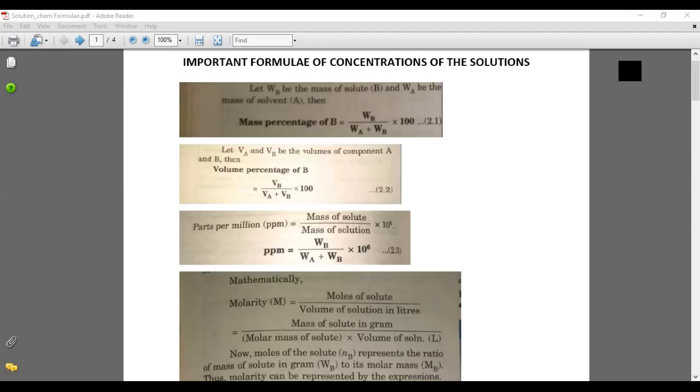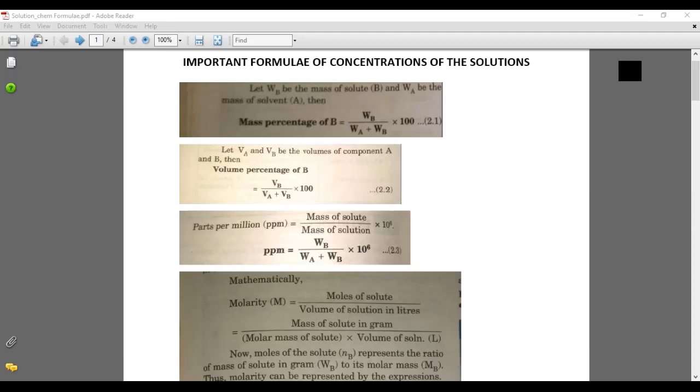Now, another popular method of expressing concentration is parts per million, ppm. When a solute is present in trace quantities, extremely less quantity, this unit is preferred.